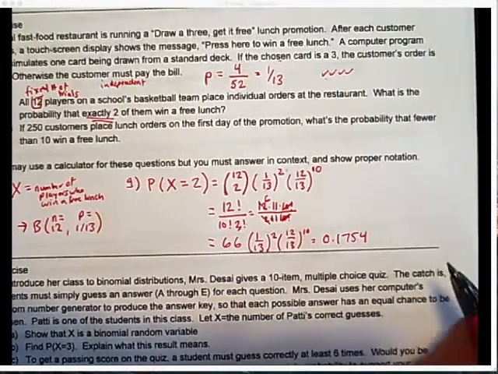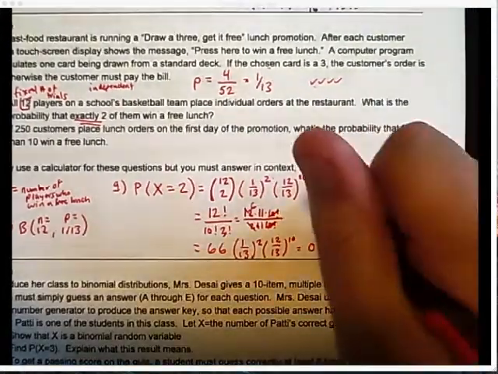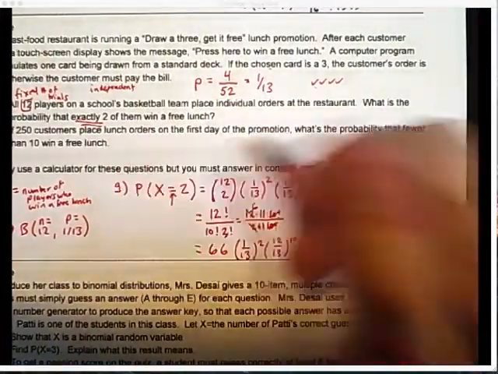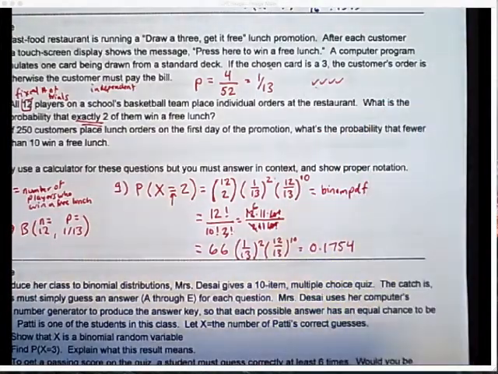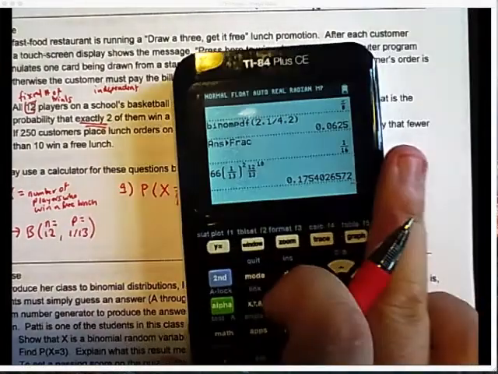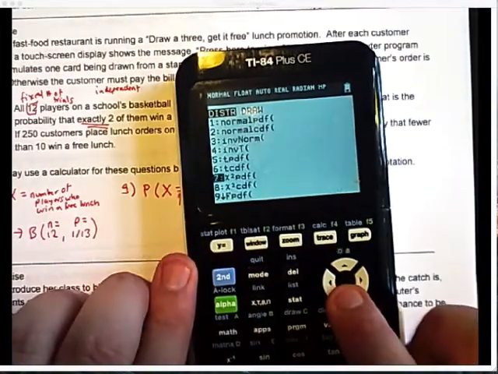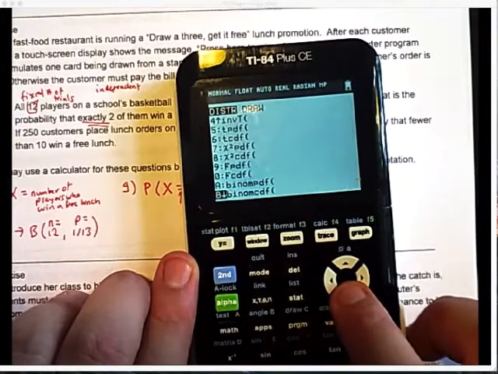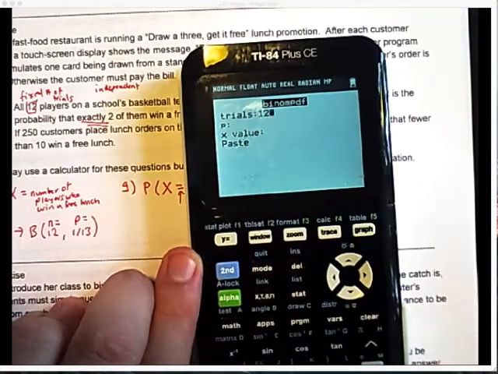All right. Now, an easier way to do this would just be to go to, this is an equal sign, which means I need to use Binompdf. So if I go to Binompdf in my calculator, go under my distributions menu, go down to option A. Okay, there's 12 players, so there's 12 trials.